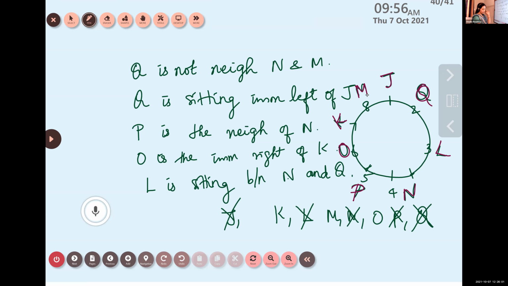Now check, children, whether it satisfies all the conditions. Does it satisfy all the conditions?